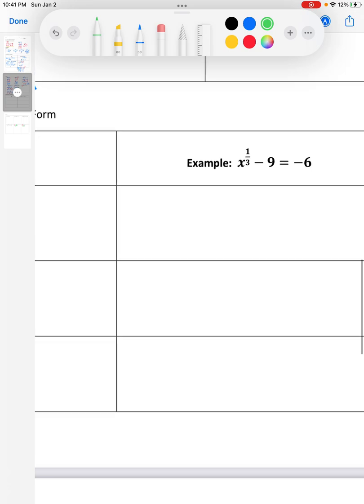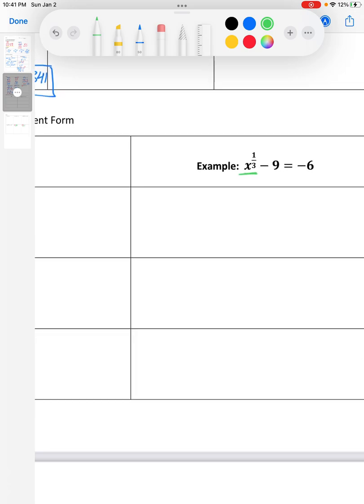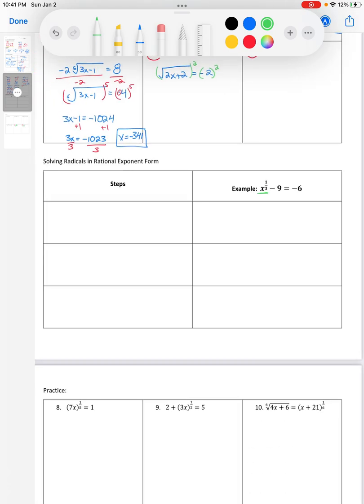So when we start with a fraction exponent, okay? So again, let's isolate it. Let's isolate our radical. Even though it's in exponent form, let's isolate it. So in order to do that, we need to add 9 to both sides.